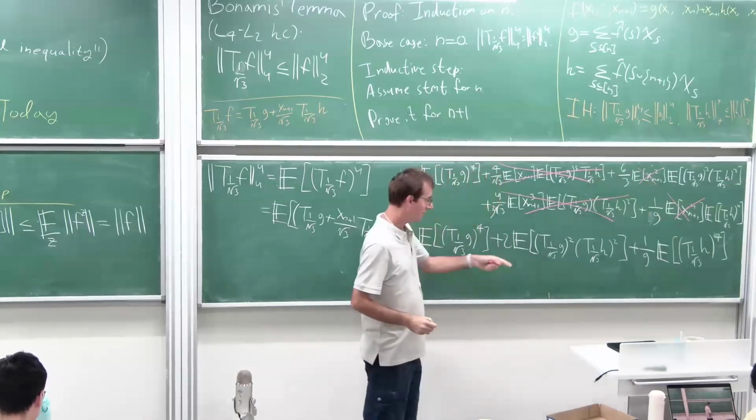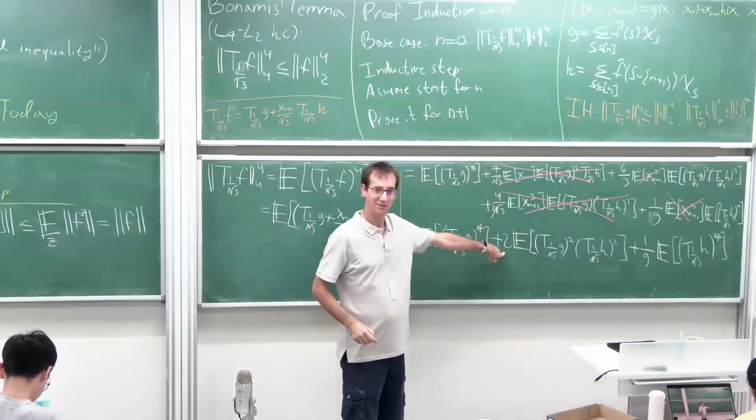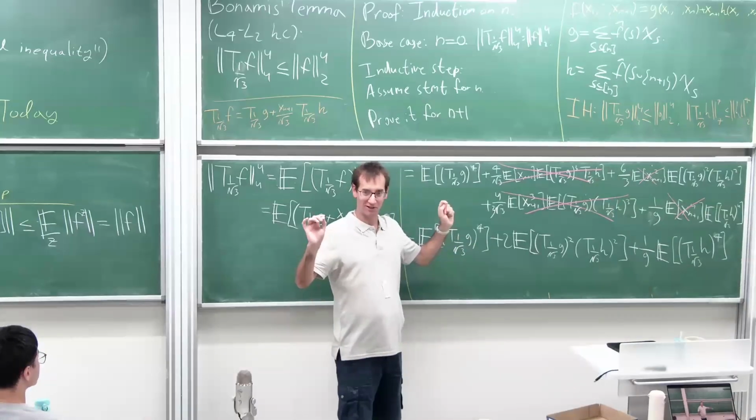I chose 1 over square root 3 so that I get 2 here. It's a spoiler.